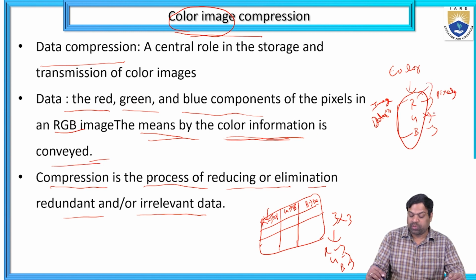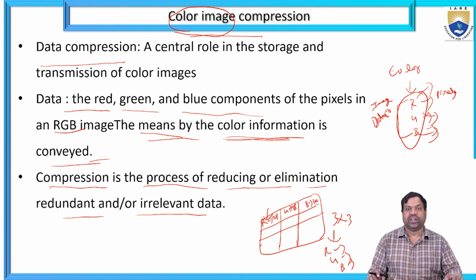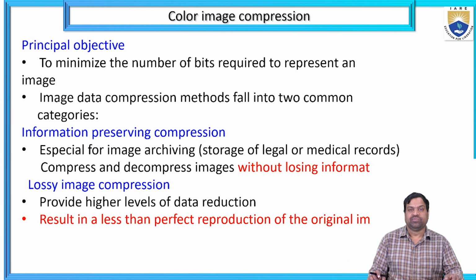How am I conveying it? The image in the form of red, the image in the form of green, the image in the form of blue. So that is intensity values. We are conveying the data of the image. So compression is the process of reducing or eliminating redundant and/or irrelevant data.